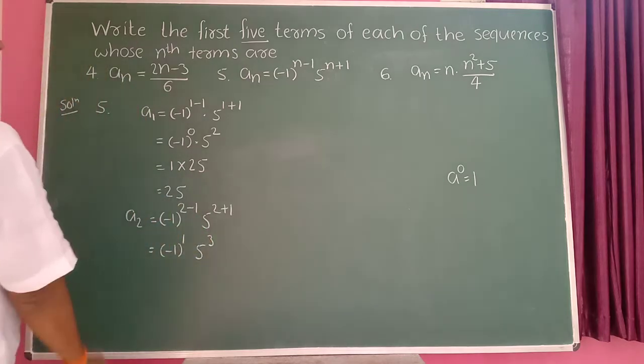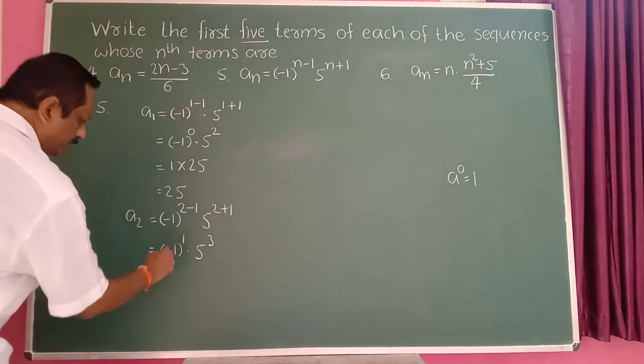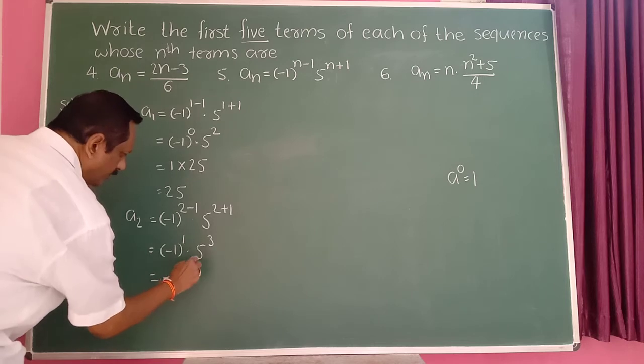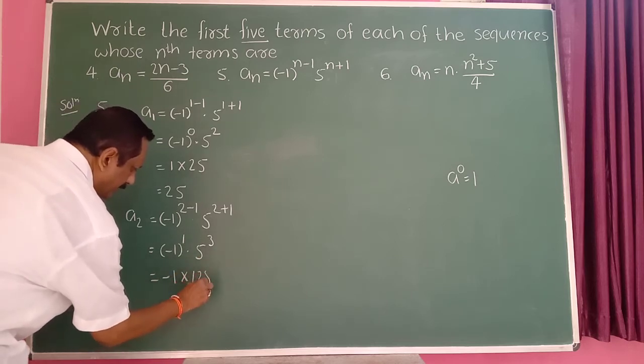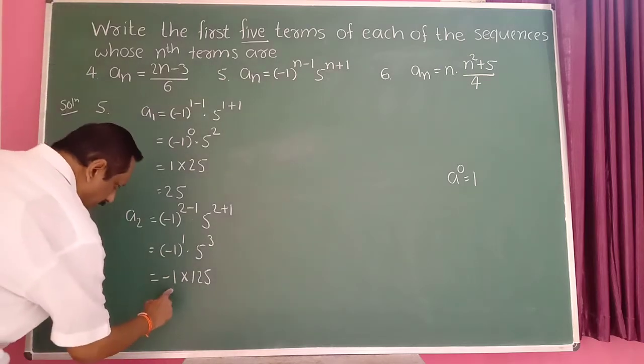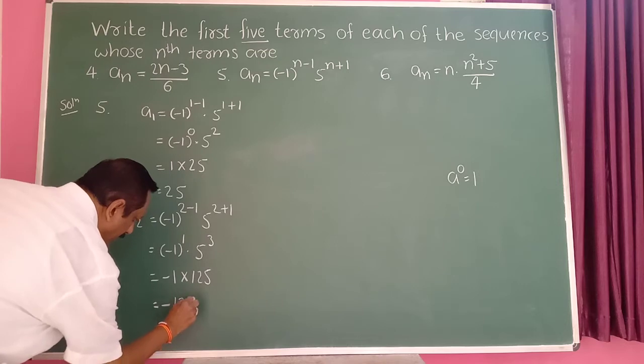Then minus 1 raised to 1 is minus 1 itself. So minus 1 into 5 cube is 125. 5 into 5 into 5, 125. So minus 1 into 125 is minus 125.